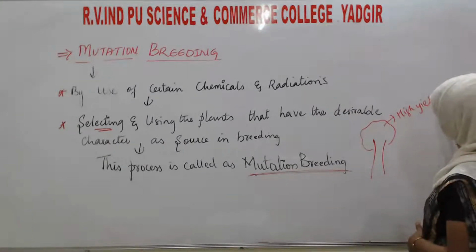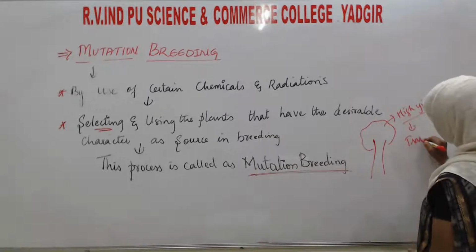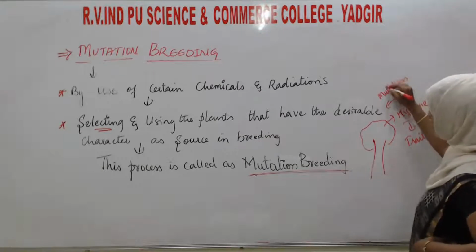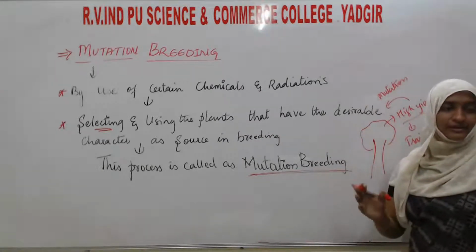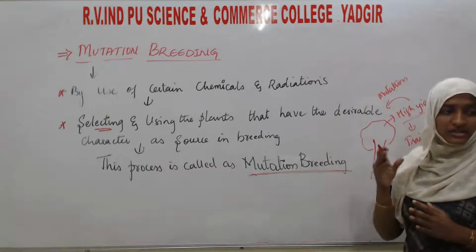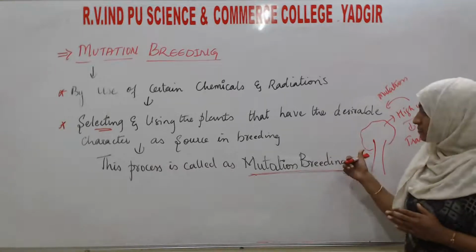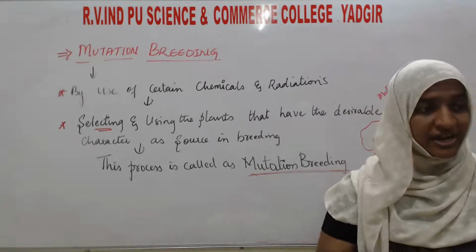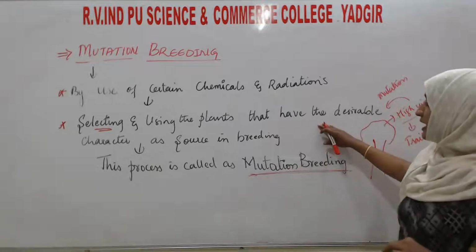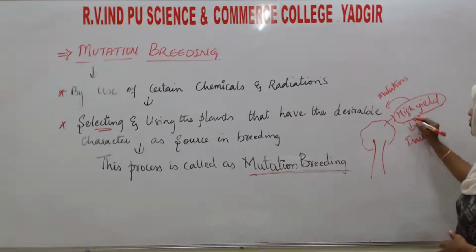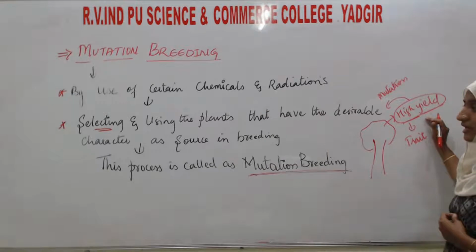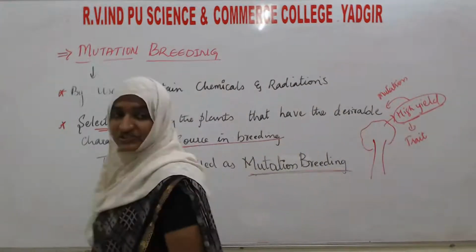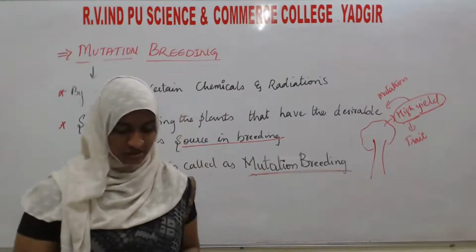This high yield trait was developed by mutation, by changing some of the base sequence in the genes of the plant. So they will select and use that plant, which has a desirable character, that is the high yield. This character is a source in breeding, and this process is known as mutational breeding.